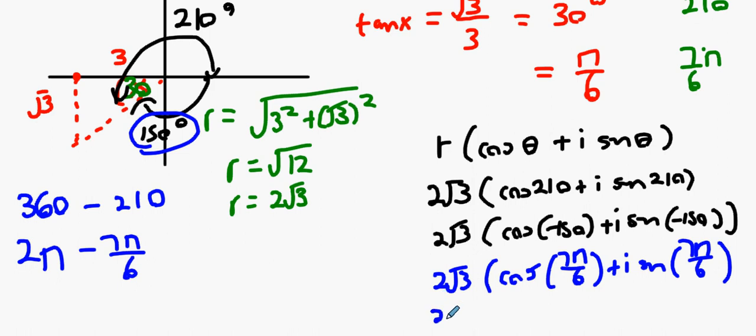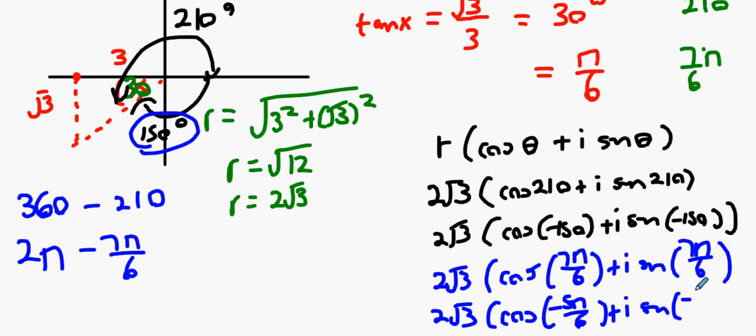So another answer could be 2 root 3 cos minus 5 pi over 6 plus I sine minus 5 pi over 6. All four of those answers for this particular question are perfectly valid. Is that alright? So you can either go anti-clockwise or clockwise. If you go clockwise, it's a negative angle.